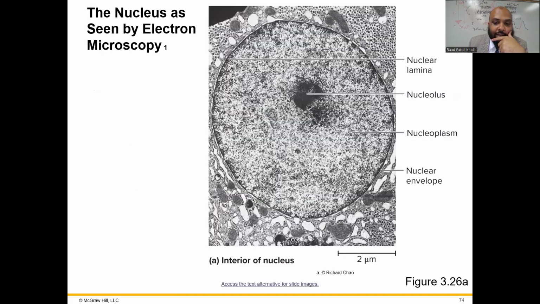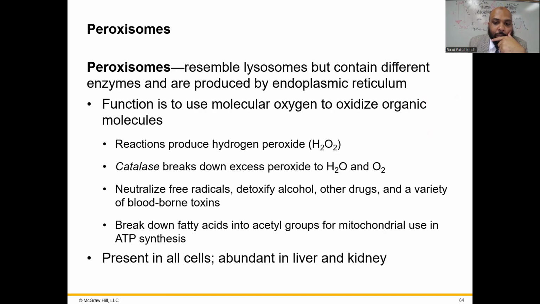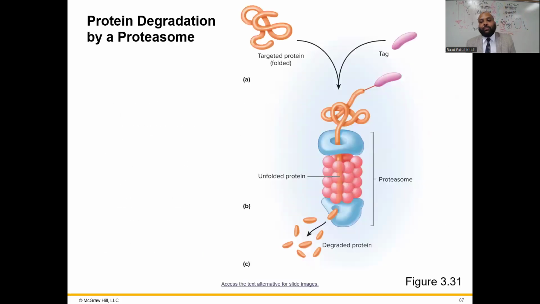You see, that is your proteasome. So if there is a misfolded protein that must be destroyed, you see the purple tag is called a ubiquitin tag. A ubiquitin tag will be tagged on the protein that is misfolded, that needs to be shredded and destroyed.